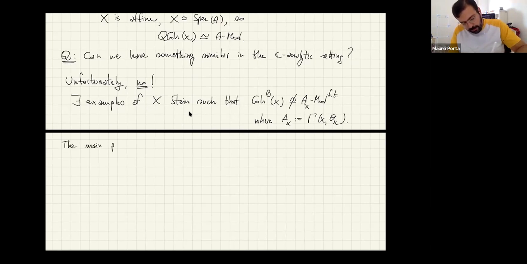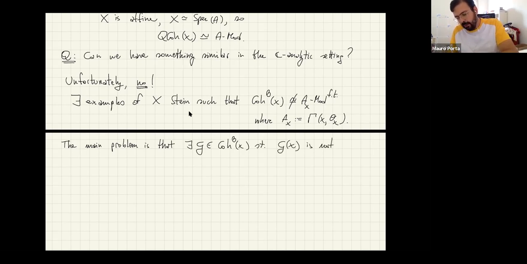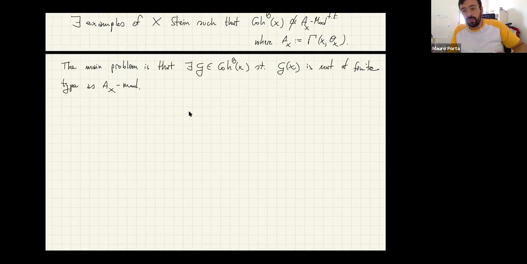The main problem is that being coherent is a local condition. There exists some coherent sheaf here such that the global sections is not of finite type as an A_X-module.